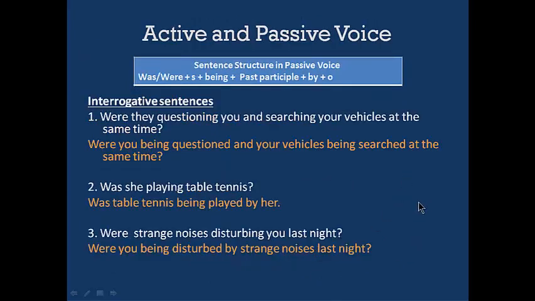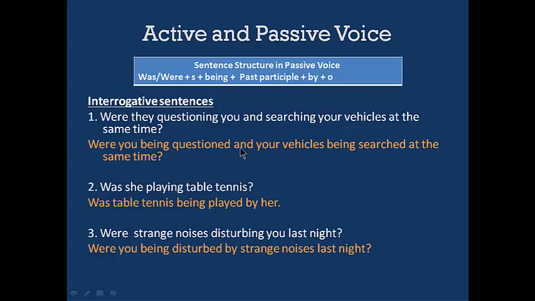Moving to interrogative sentences. Were they questioning you and searching your vehicles at the same time? As you know, if you look at this part of the sentence, because now we have a conjunction used here, were they questioning you? So if you think about this sentence, we can change it into passive.